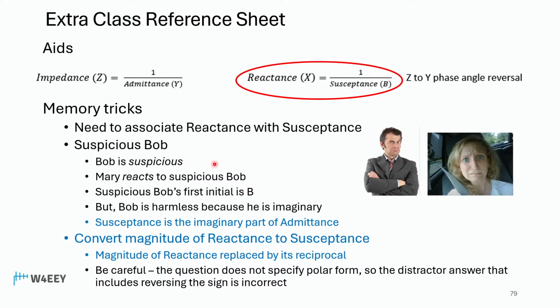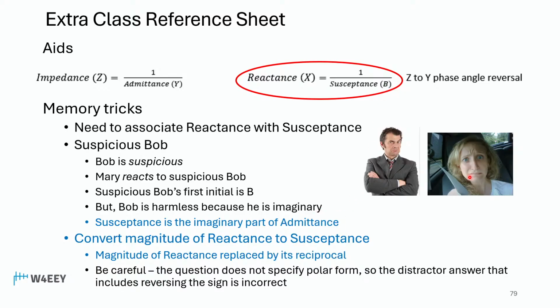Bob is suspicious. Mary reacts to Suspicious Bob. Bob is suspicious, and Mary reacts. The initial of his first name is B. Well, susceptance is B. The pool asks us about that.